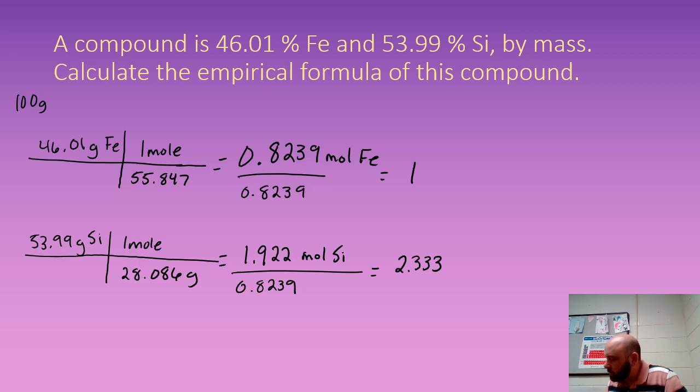So again, I've figured out the ratio. I have one iron atom for every 2.3 essentially silicon atoms.